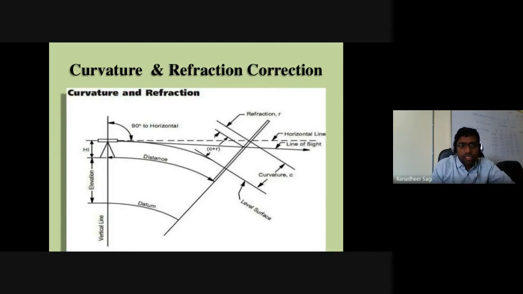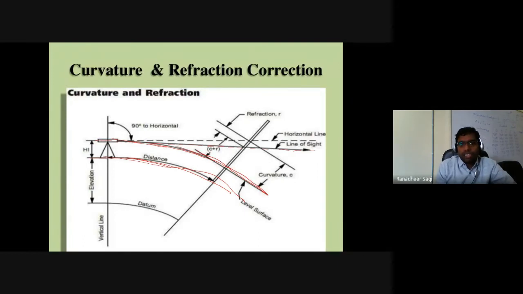If this is the curvature of your ground, okay? With respect to the instrument, we assume this to be your line of sight, but taking into consideration the curvature of the earth, the level surface is going to be like this.